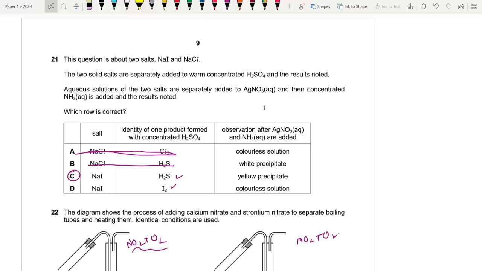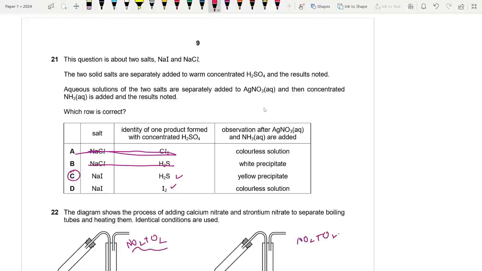So, chloride reacts with silver nitrate to form a white precipitate which is soluble in ammonia. Bromide reacts with silver nitrate to form a cream PPT which partially dissolves in ammonia. And iodide reacts with silver nitrate to form a yellow PPT, but it is completely insoluble in aqueous ammonia.